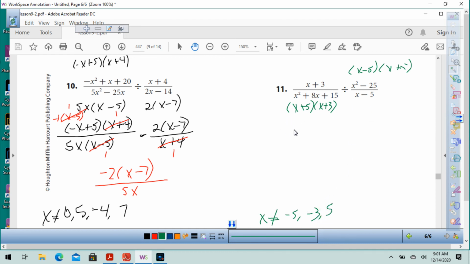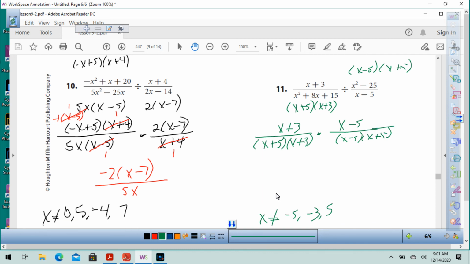So let's invert and multiply. We have x plus 3 over x plus 5 times x plus 3 times, and we have x minus 5 over x minus 5 times x plus 5.